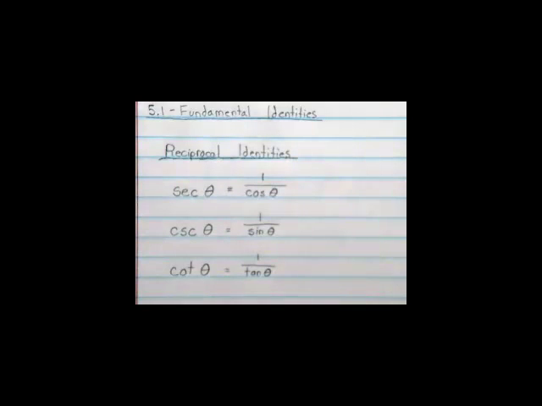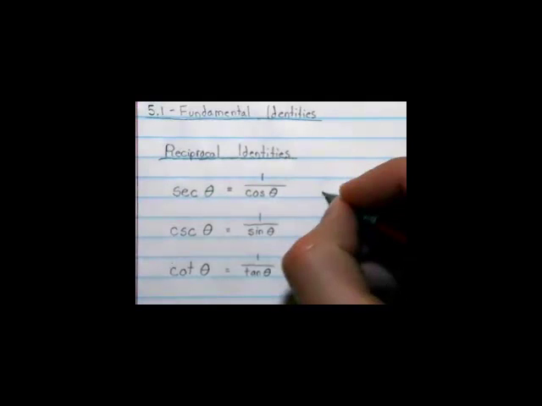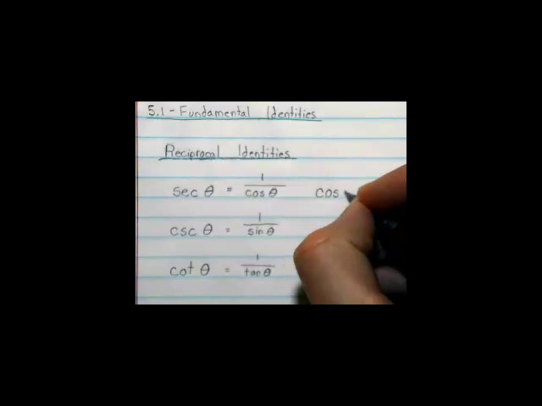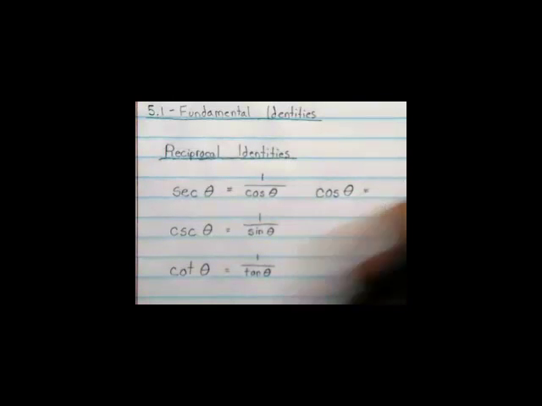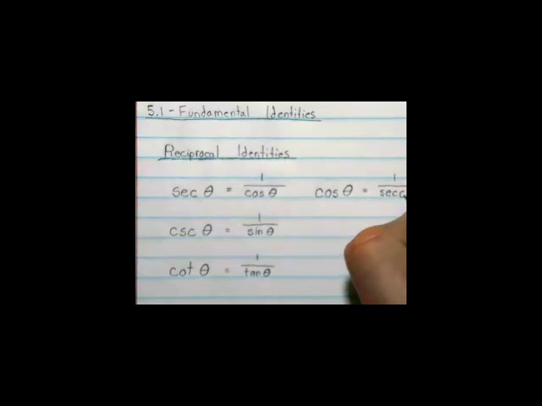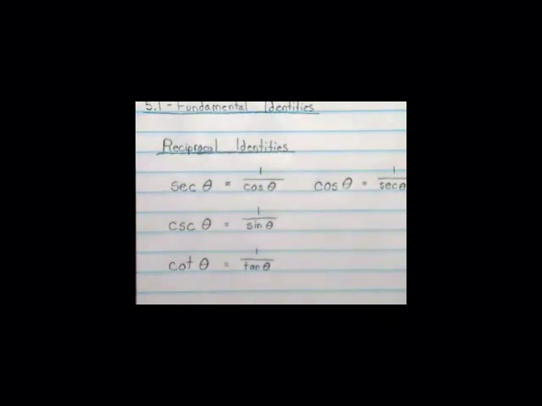And then there's actually 3 more that people always forget about because we don't usually use these. They're technically true. If secant is the reciprocal of cosine, then it goes the other way too. Cosine's the reciprocal of secant, right? So cosine would be equal to what then? 1 over secant, yeah. And then I bet you can get the other 2 then, right?